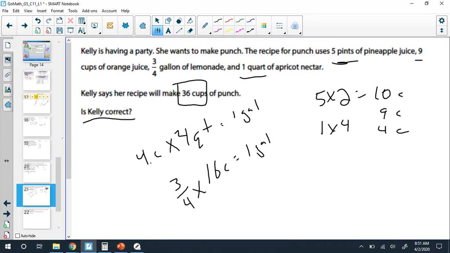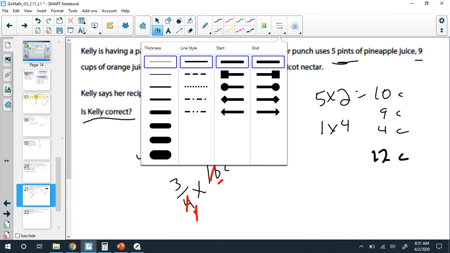Hopefully you remember that when we look at problems like this with multiplying fractions, if we have a factor and a multiple, like in the numerator and denominator, we can simplify beforehand. So 4 divided by 4 is 1, 16 divided by 4 is 4, and 3 times 4 means that she used 12 cups of lemonade.